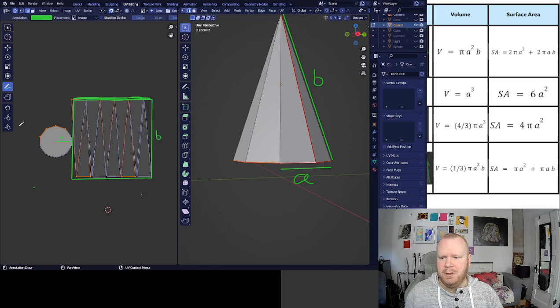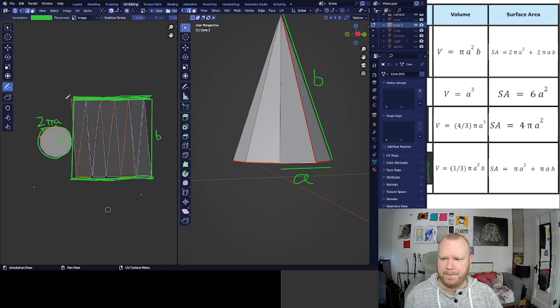If all these segments in total add up to the circumference, which would be 2 pi a, that means half of that circumference is going to be up top, and half is on the bottom.